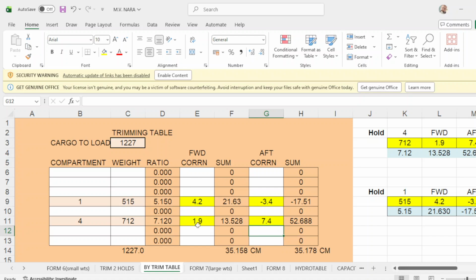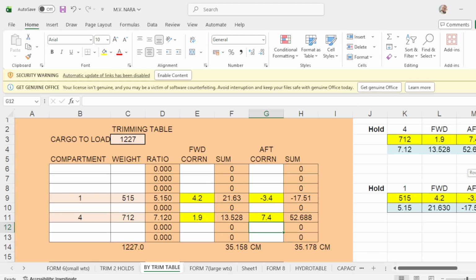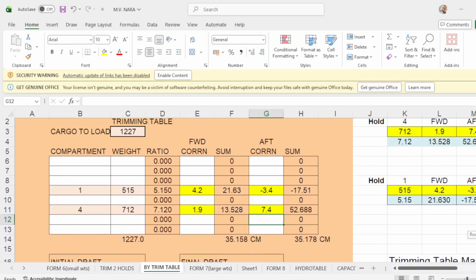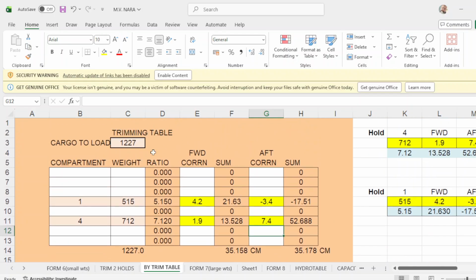This forward and up correction can be seen in your hydrostatic table. Okay, so what will be his departure drop now? Exactly 9 meters, even keel, no list. Okay, with this figure of 1,227.